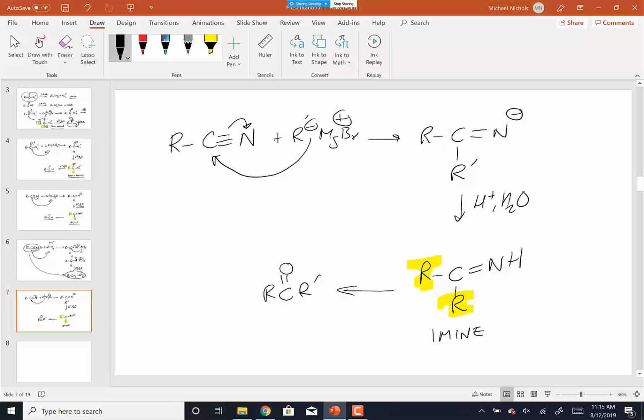Now, I'm going to say that a lot of these problems we could do if we just know the names and the structures we're going to get, because they're inconsequential, right? If I'm taking a triple bond and adding hydrogen and palladium to it, and I know I'm going to reduce it all the way down to an alkane, there's probably going to be at least one answer I can eliminate.